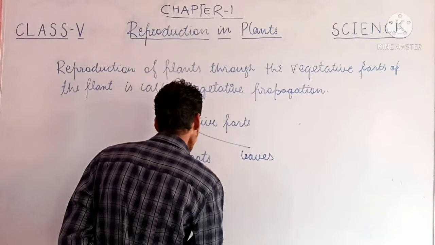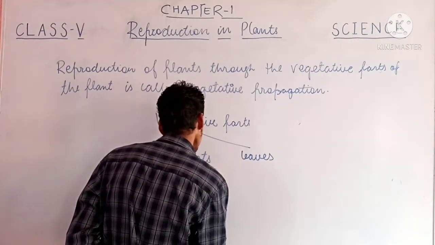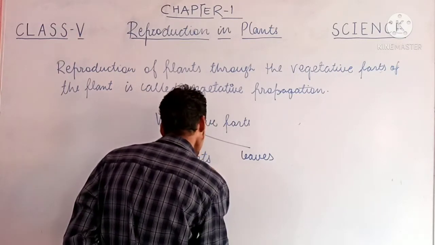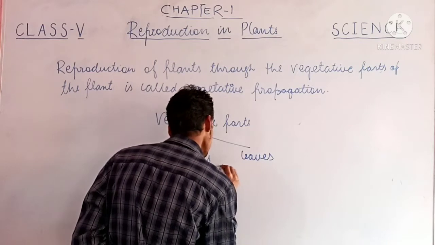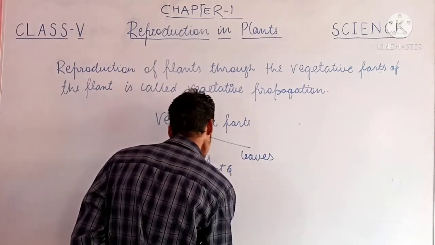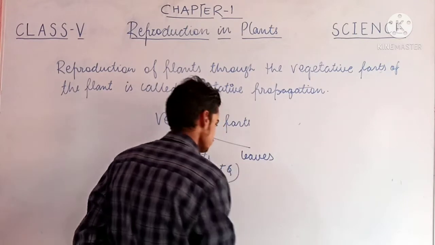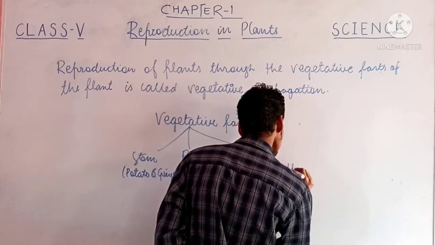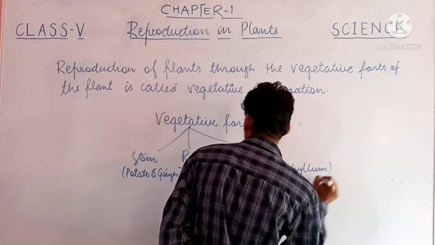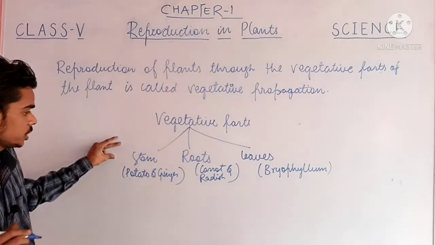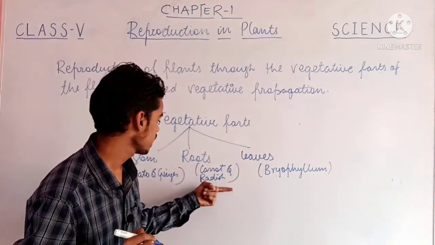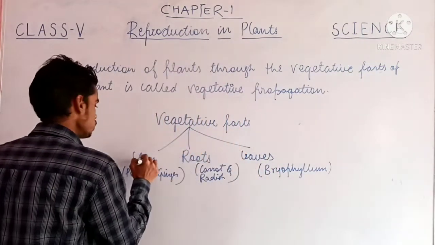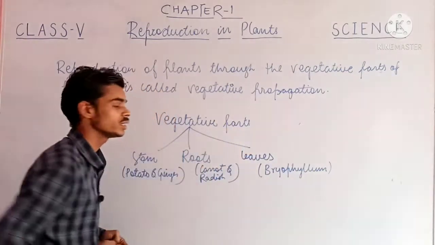Plants that grow through roots are carrot and radish. And plants that grow through leaves are bryophyllum. So the stem, roots and leaves are the vegetative parts of the plant.